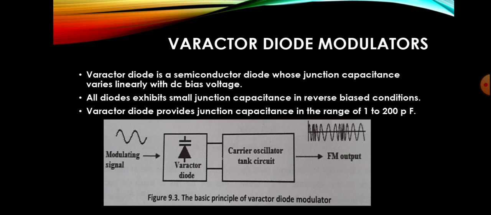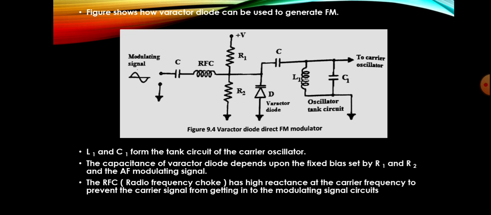so let us see the detailed diagram. See, this figure shows how we can use the Varactor diode to generate the FM wave. Here at the input section we are giving the modulating signal and it is passed through a capacitor first and then the radio frequency coil, and next there will be R1 and R2 circuits which are used for biasing.